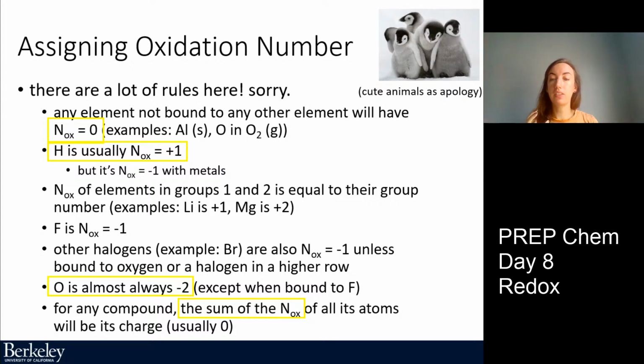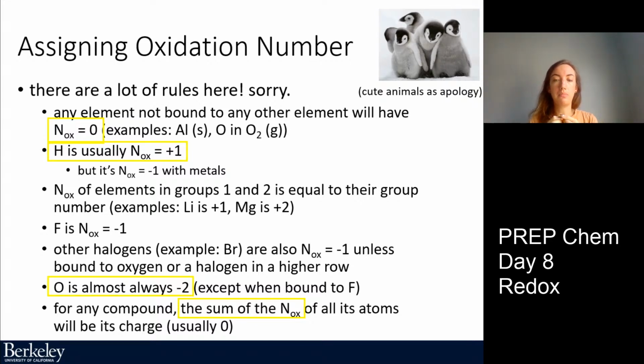The way that I think of that is, if you look at that very last rule, H2 is uncharged, so that means that the sum of the 2 oxidation numbers of the 2 hydrogen atoms has to be 0. And those 2 hydrogen atoms are totally equivalent to each other.